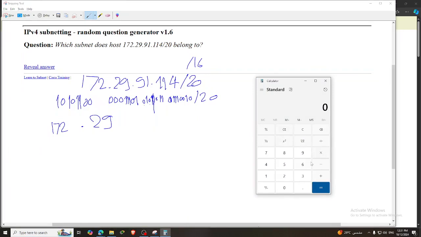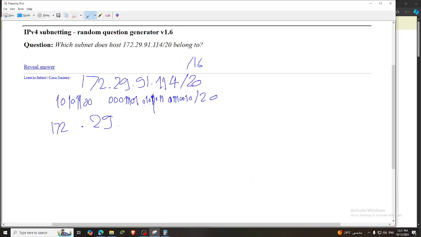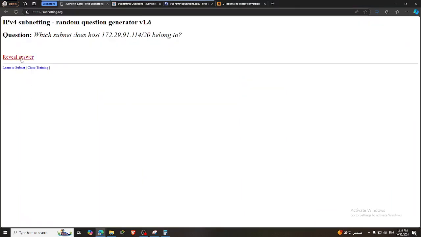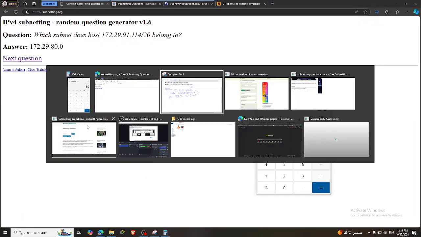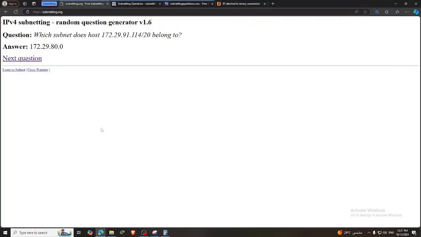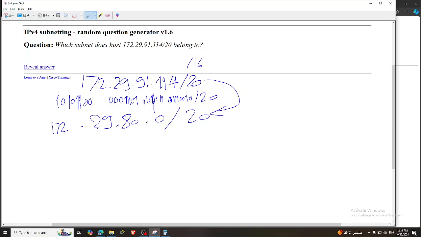Sorry guys, I'm not so good at math. Plus 16 is 80. So here is 80, and then here is 0. So this address belongs to this subnet. If we reveal the answer, as we saw here, 172.29.80.0/20. That's it. Okay, let's move on to the next question.